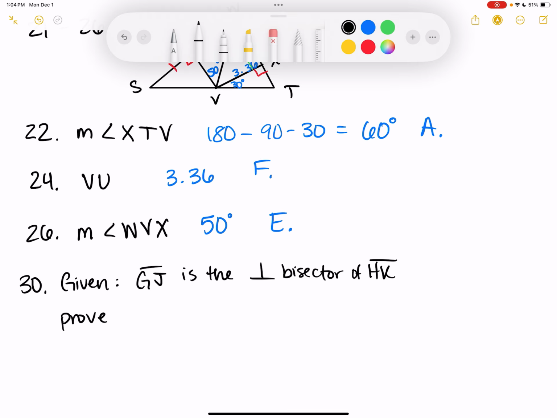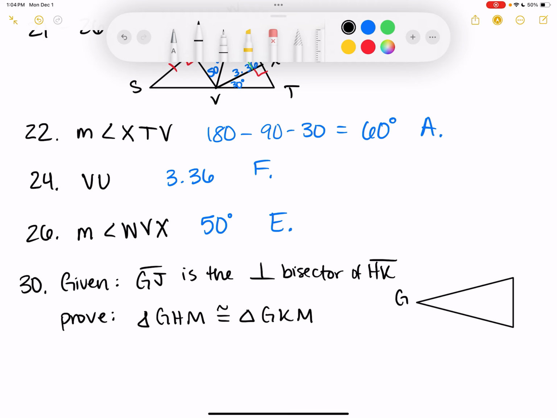And we're trying to prove that triangle GHM is congruent to triangle GKM. It's not labeled as such, but I'm trying to draw essentially what looks like an isosceles triangle. It's not labeled that it necessarily is, but that's what it looks like if you just look at it.